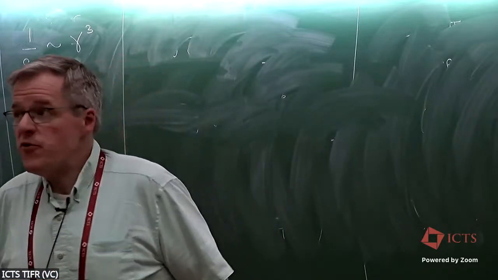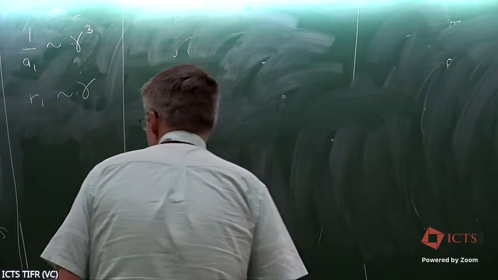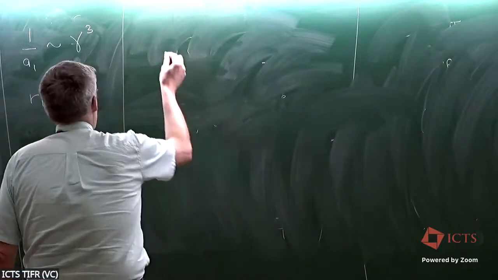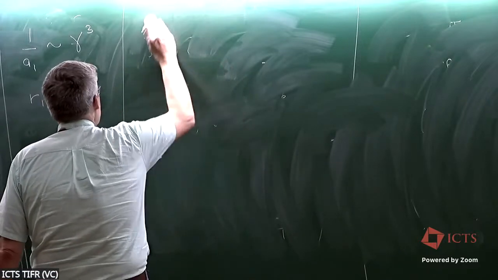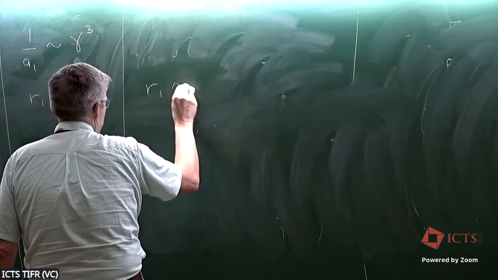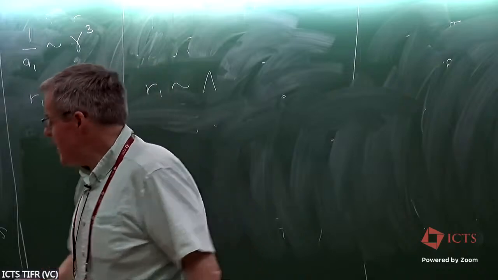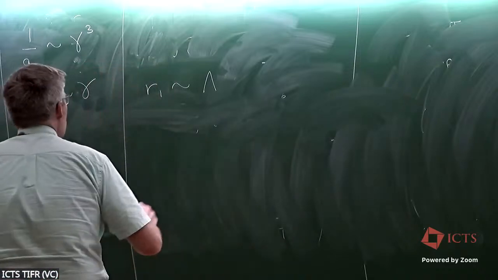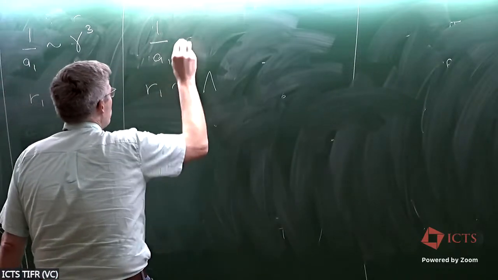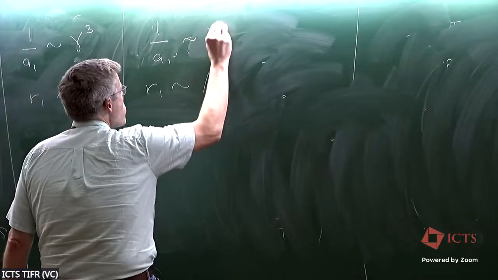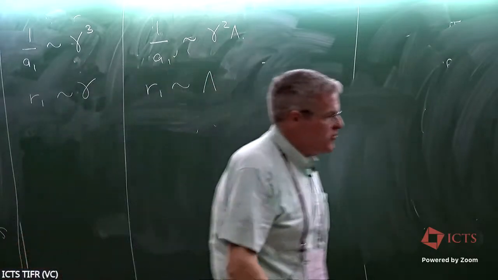There's a different way to get a low energy bound state or resonance, which requires less fine-tuning, because we just assume that R1 has its natural size, lambda, and then we look for the special point where these 2 terms cancel.